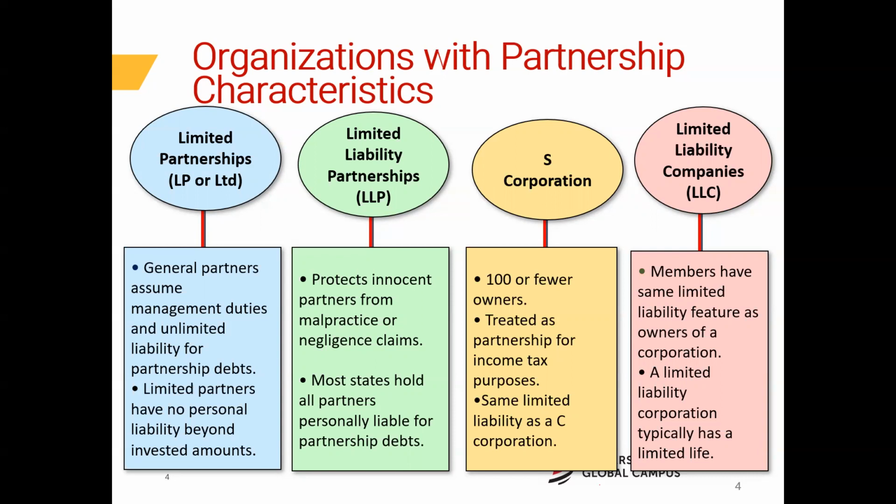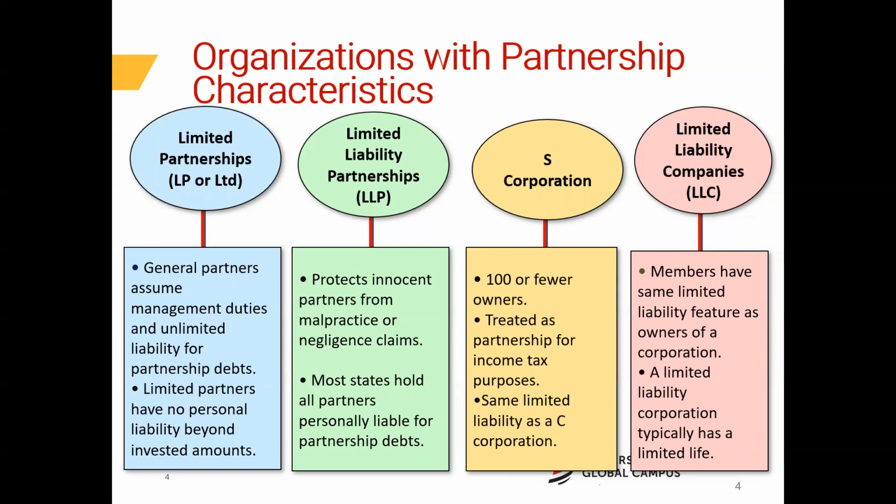The percentage ownership is typically, and I mean typically, derived by the amount of the initial investment that each partner brings into the business. And that's typically how that part works. And that is governed by the Articles of Incorporation, which we'll talk about here in a second.